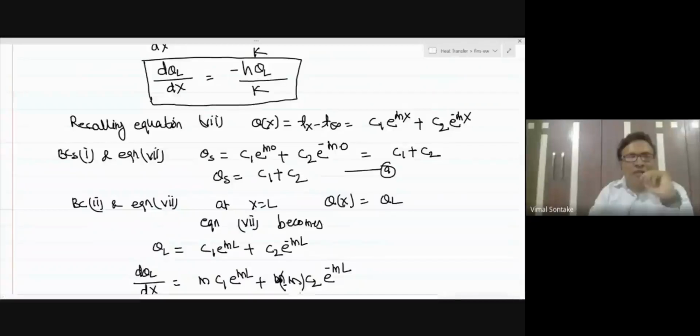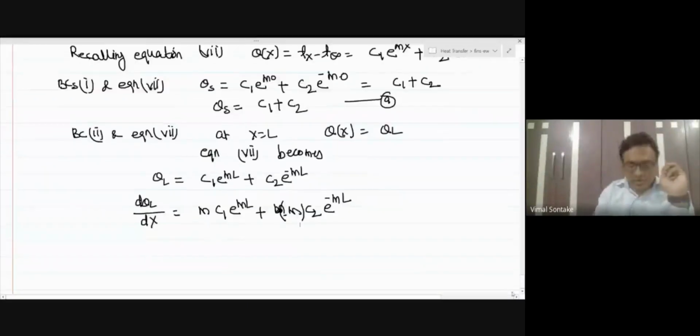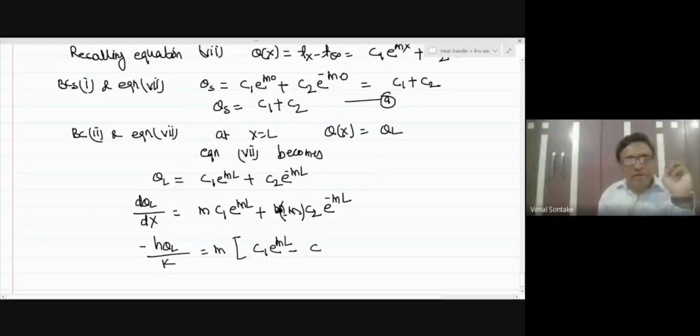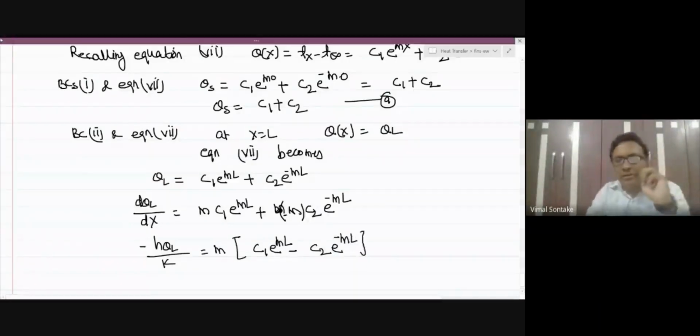But just now I have seen d theta_L/dx is equal to minus h theta_L over k. So I can substitute here minus h into theta_L over k. Let me take m as a common: m (C1 e to power mL minus C2 e to power minus mL).